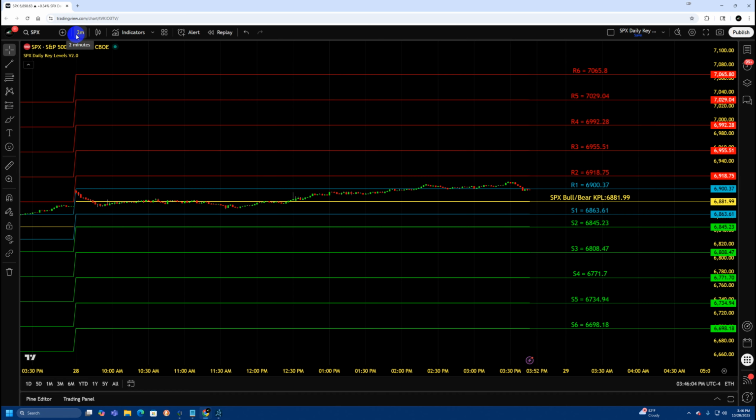Primarily, the more historical bars you have available in your TradingView plan, the lower a time frame you can look at over a longer period of time. So if you're looking back on a 2-minute chart, there are so many bars in an hour on a 2-minute chart, and so many 2-minute bars in a day.